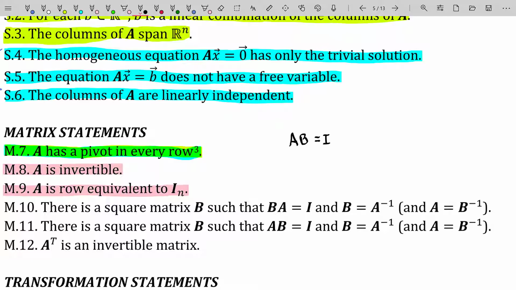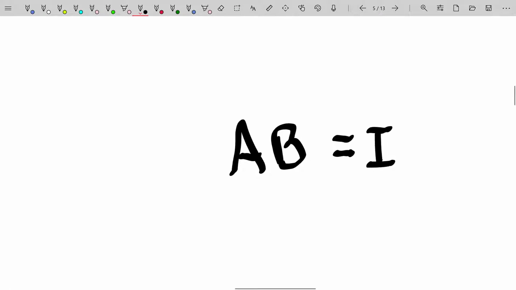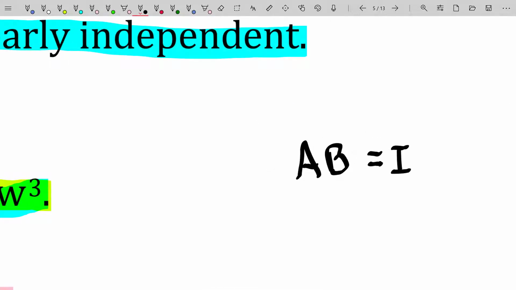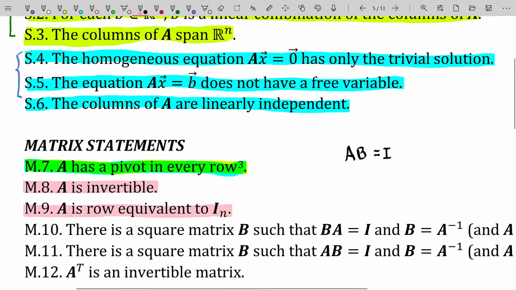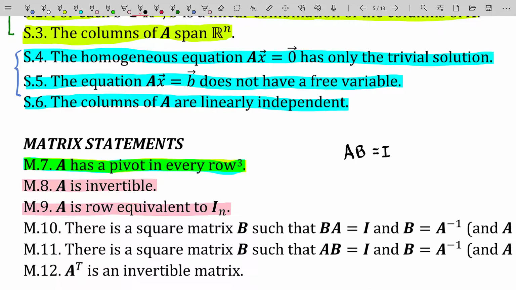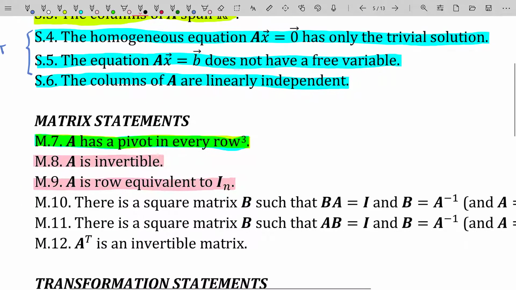So it's sufficient when you do have a square matrix A that if A times B is equal to I, then B is A inverse. And that's only true if you have square matrices. Essentially, if you have a couple of square matrices, it doesn't matter which way you multiply them. If that product comes out to be the identity matrix, then guess what? You found the inverse.